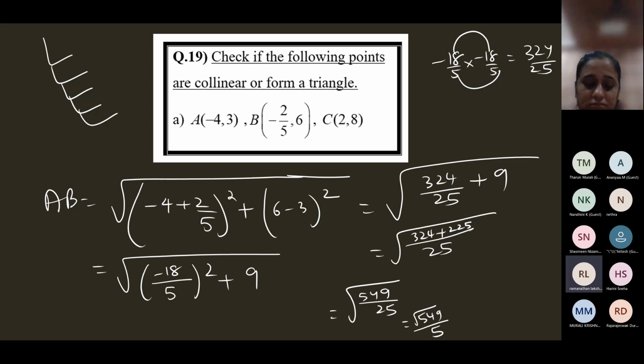BC root 244 by 25. Yes, Ram? No, you cannot go to BC yet. Now tell me AB. Express root 549 as a mixed surd and tell me the value of AB.